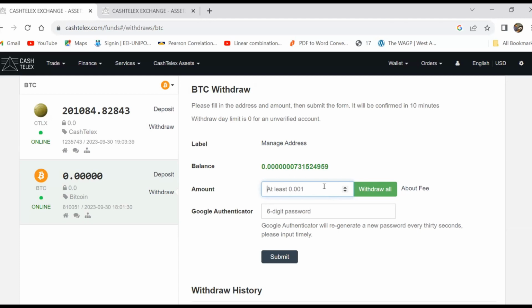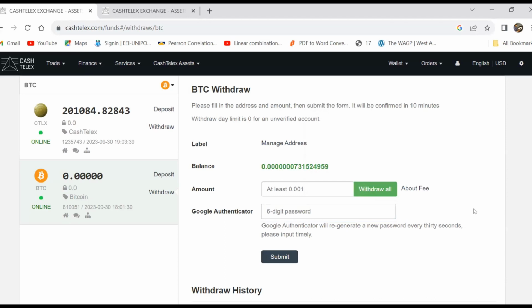Then the next thing is you put your password from your Google Authenticator here, which you can see where I'm putting my cursor. After doing all the process I've said, you click on submit, and it will initiate the trade immediately. You see that they say, please fill in the address and an amount, then submit the form.